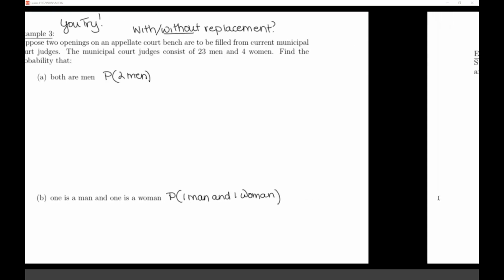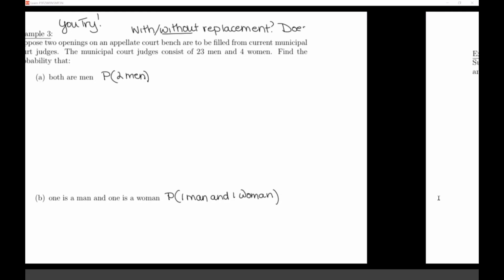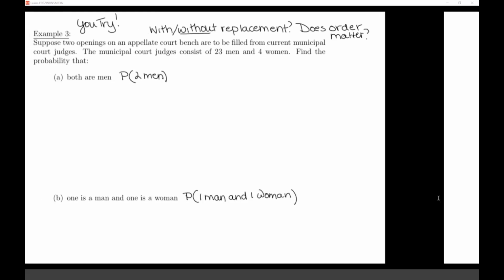Does order matter? What do you think? There are two appellate court openings. It doesn't matter who's selected first and who's selected second. They're both going to be appellate court judges.